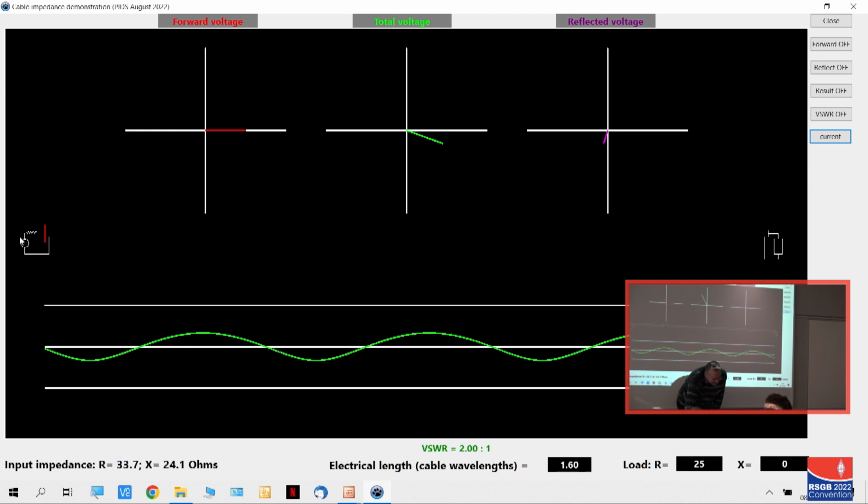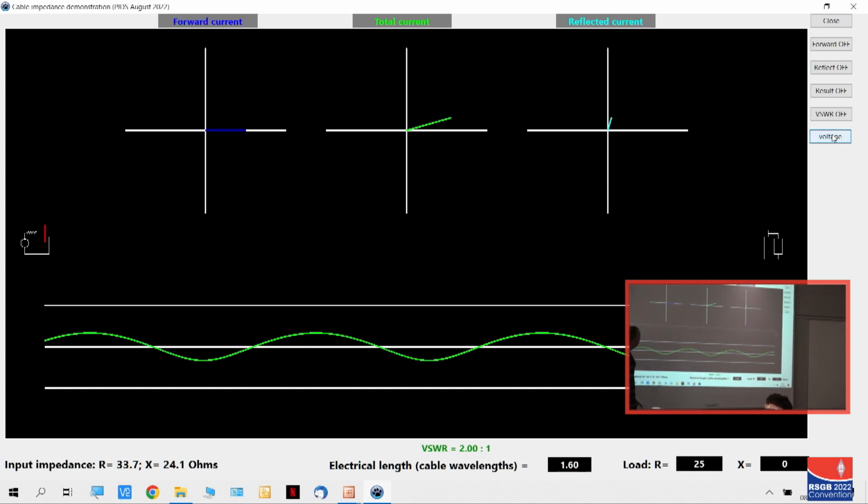It's quite hard. Okay, here we are. So the green there is the voltage at this point. And the current is like that. The green now represents the current at that point. And you can see that the voltage and the current are not in phase with each other, but the impedance is just V divided by I.